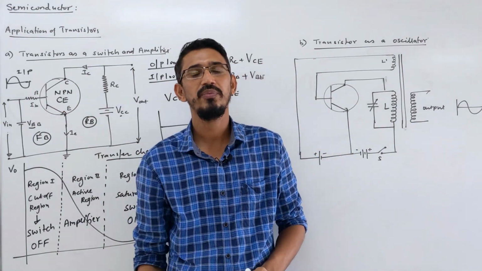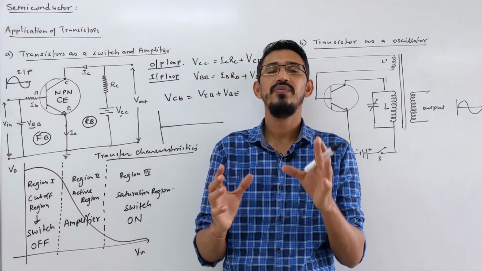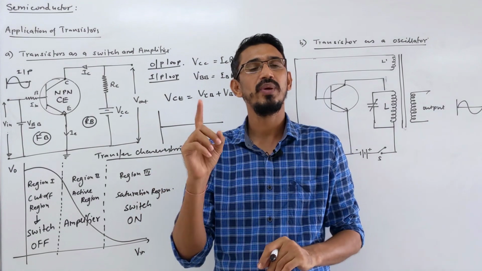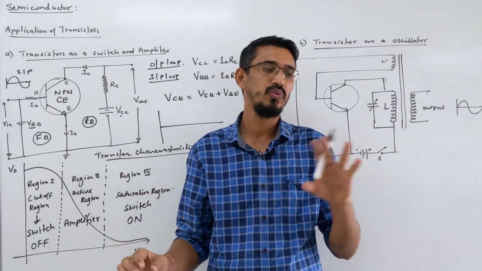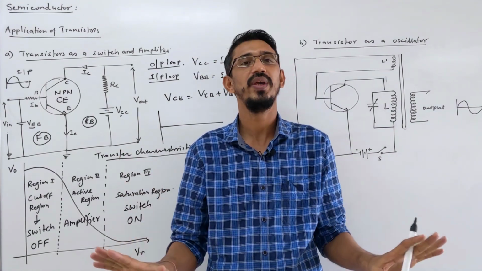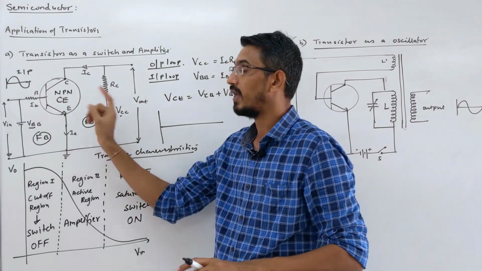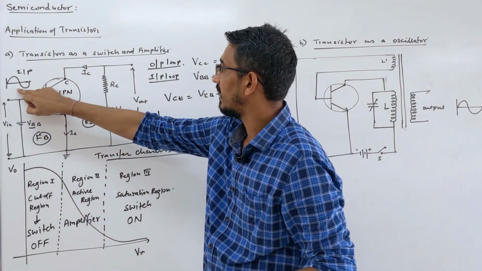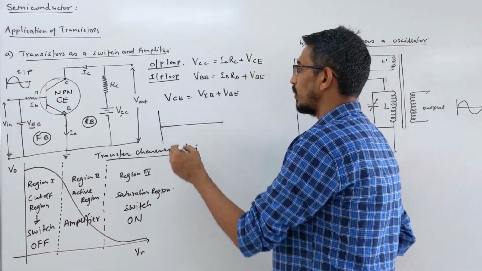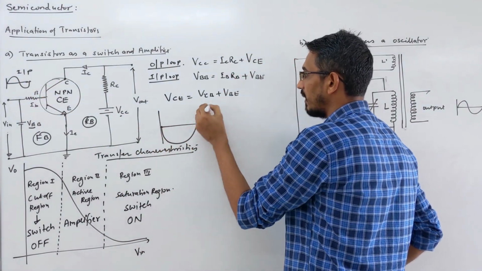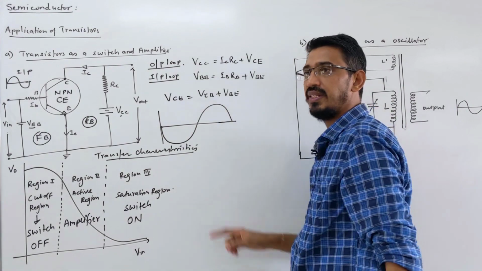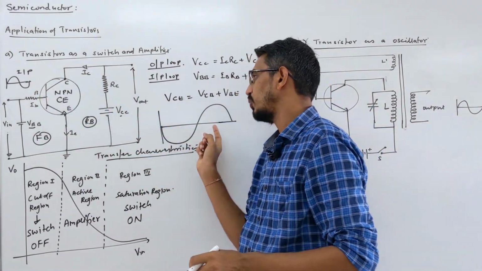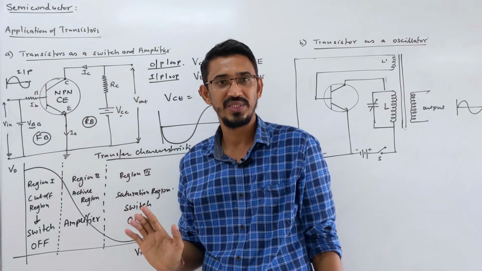One very important property was the phase difference between input and output. For common base and common collector, the input and output are exactly in the same phase, with no phase difference. But in the case of common emitter, there is a 180-degree phase difference. If I give the input cycle like this, the output will be amplified and opposite of this. There is a phase difference of 180 degrees between input and output for a common emitter transistor.